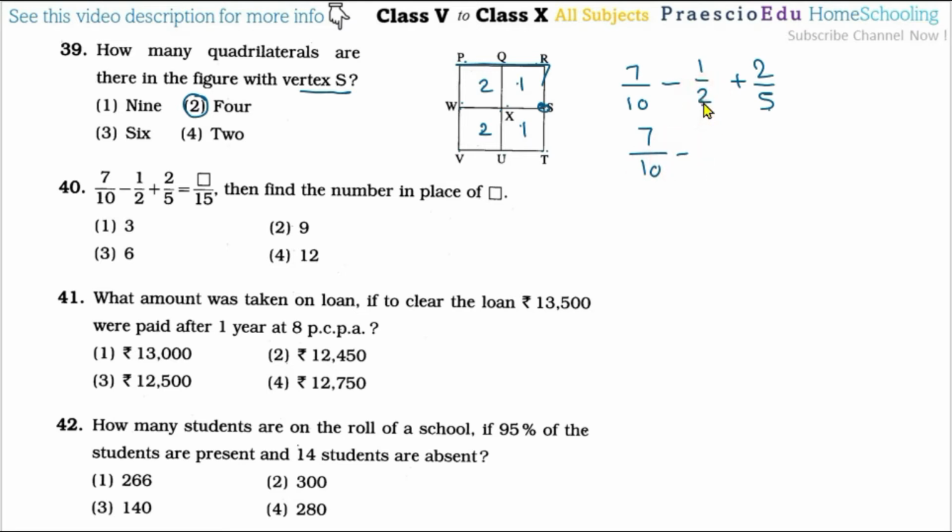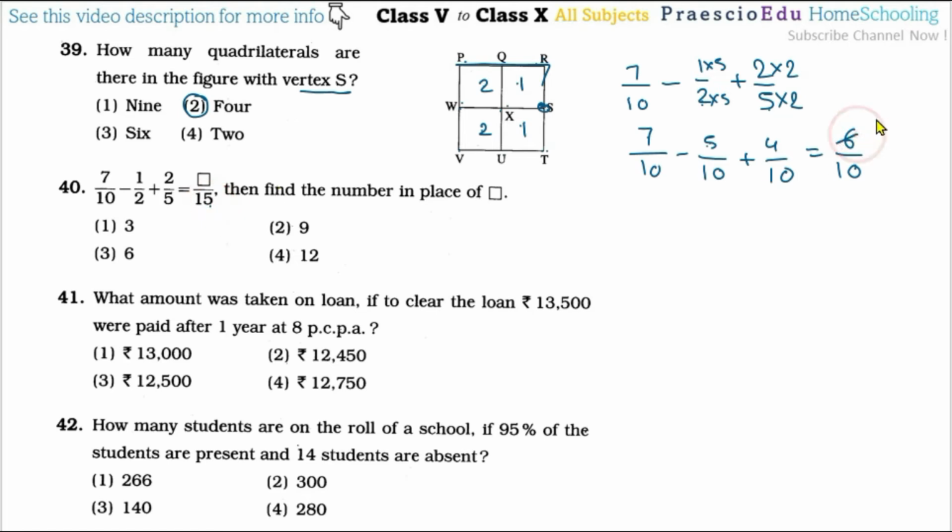To make 10 here we multiply by 5, and the same in the numerator. Here we multiply by 2, and the same in the numerator. So 5 by 10, then plus 4 by 10. 7 minus 5 is 2, and 2 plus 4 equals 6 by 10. But we have to keep the denominator as 15.